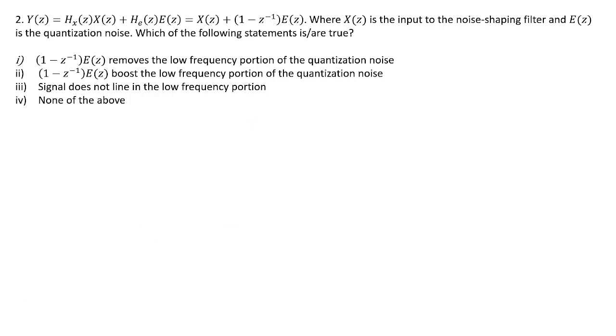That also deals with the noise shaping filter, where Y(z) corresponds to the z transform of the output of the noise shaping filter, where you have this component X(z), which is the input to the noise shaping filter, and Hx(z) corresponding transform applied on the input to the noise shaping filter, and also E(z) corresponds to the quantization noise and its corresponding transform He(z) that is incorporated by the noise shaping filter.